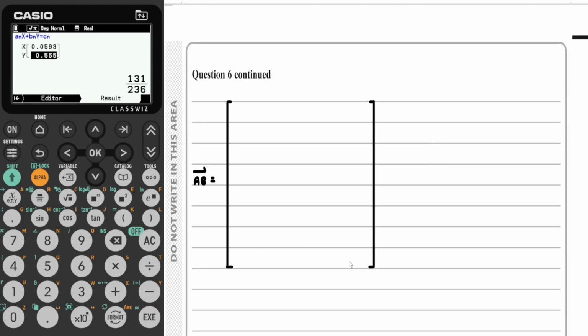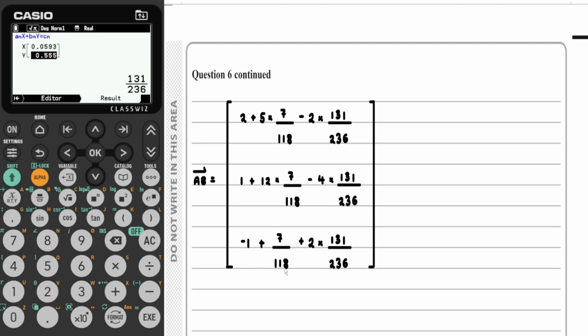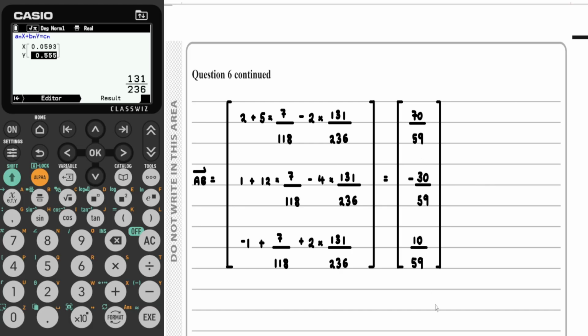In doing so, for AB, we've got 2 plus 5 times 7 over 118, take away 2 times 131 over 236. Then we've got 1 plus 12 times 7 over 118, take away 4 times 131 over 236. Then we've got negative 1 plus 7 over 118 plus 2 times 131 over 236. And working this out, we have 70 over 59, negative 30 over 59, and 10 over 59.